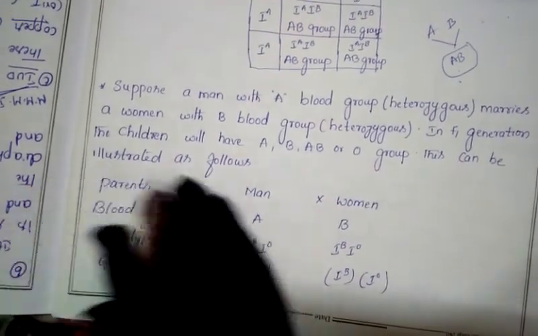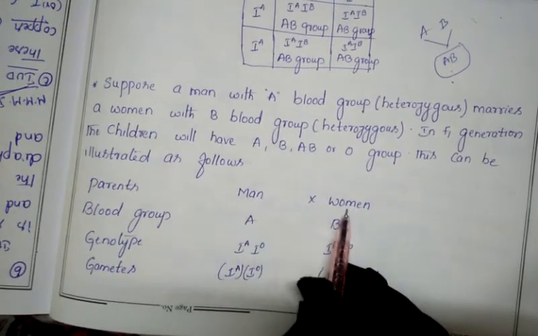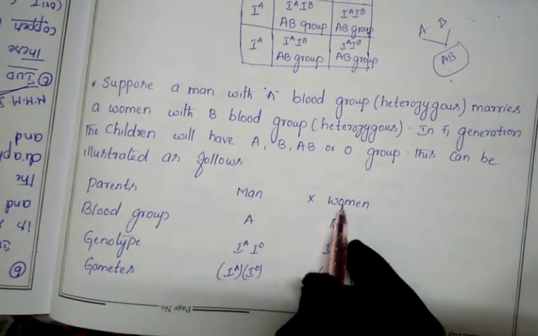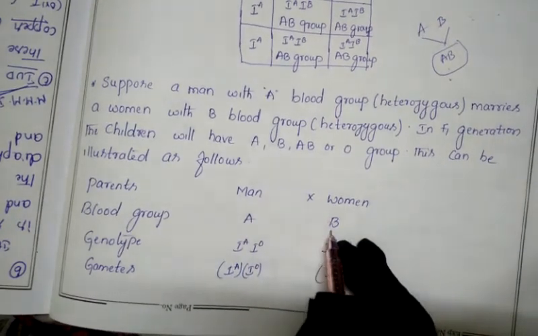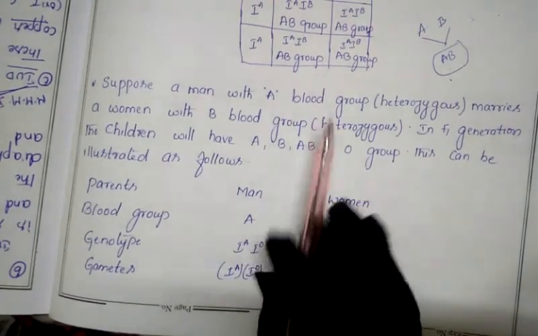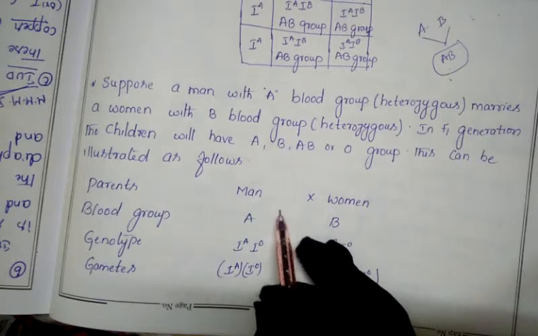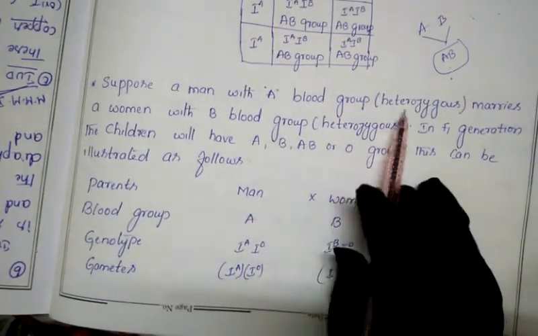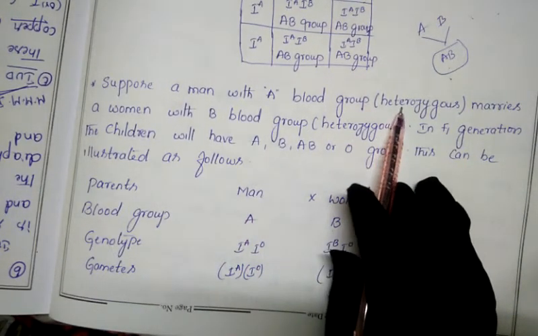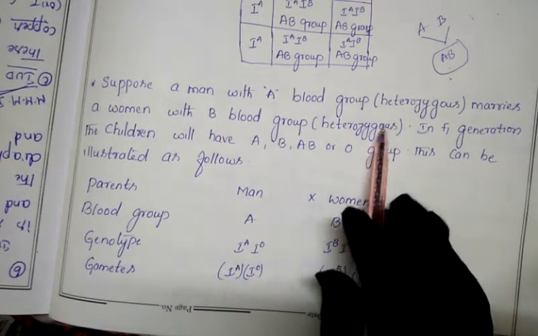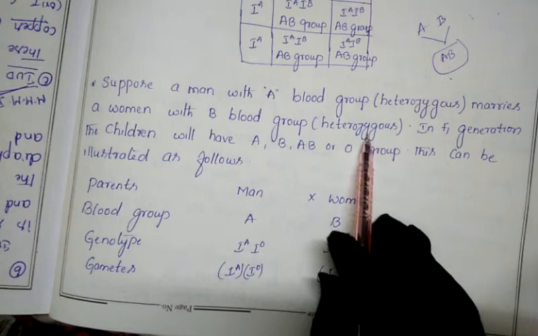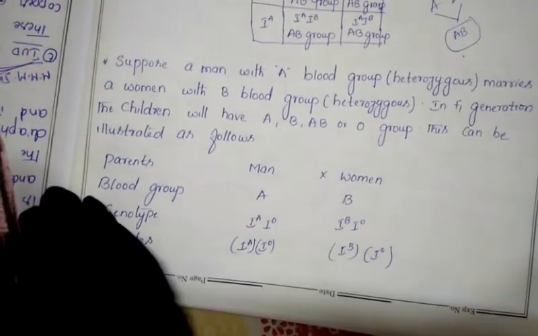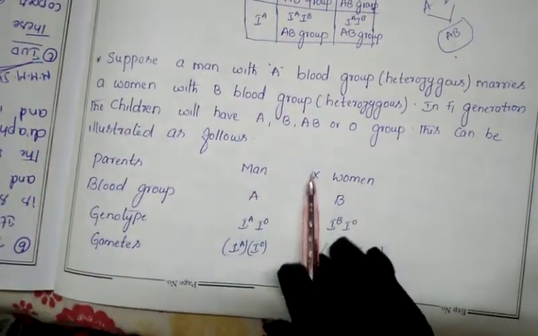A man marries a woman; the man's blood group is A and the woman's blood group is B. Same as we just discussed, this question also follows that pattern. But the difference is that before, the alleles were in a homozygous condition, but here the alleles are in a heterozygous condition. So let us illustrate this one.